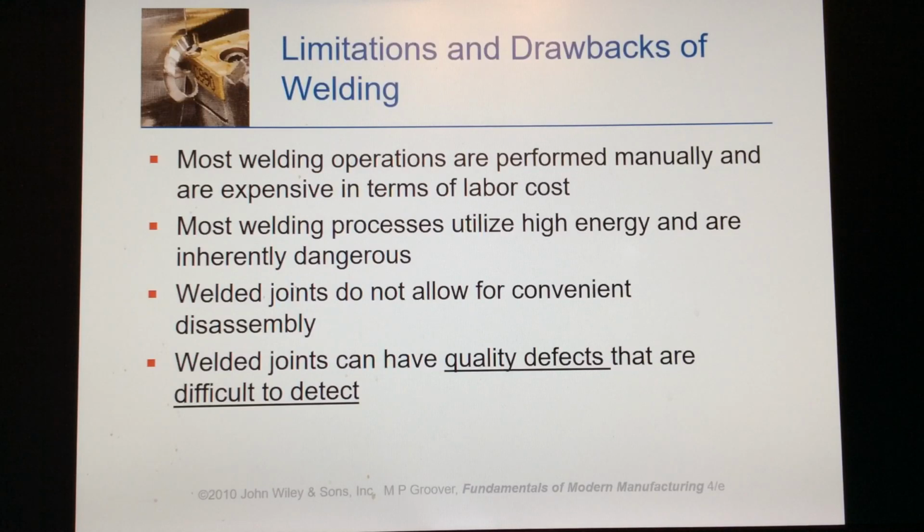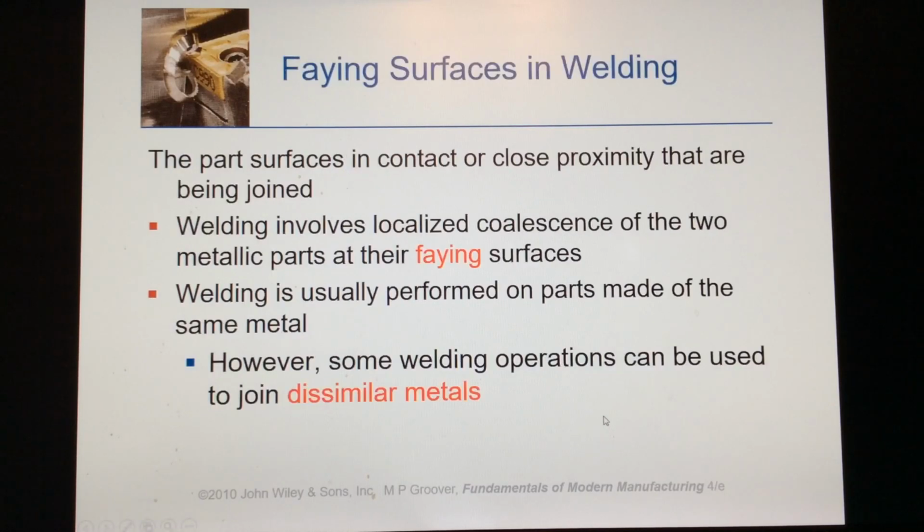What's hidden in a lot of these is quality defects, and that can be very difficult to detect, since the defect would be inside of that fused welded heat affected zone. So that's definitely something to be concerned about.